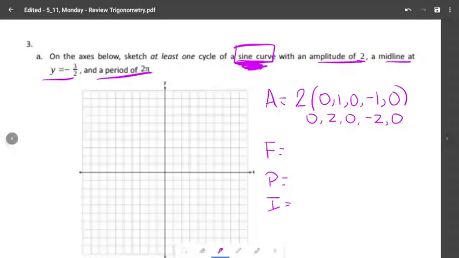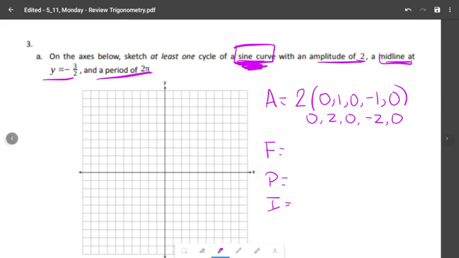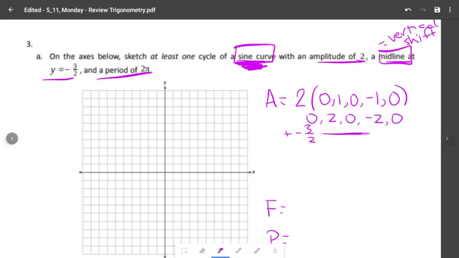Now, then we usually look at the equation to see if there is a vertical shift. This one says that there is a midline, but remember your midline is equal to your vertical shift. They mean the same thing. So that means that my vertical shift is -3/2. So I am going to add or subtract -3/2 to all of these numbers.